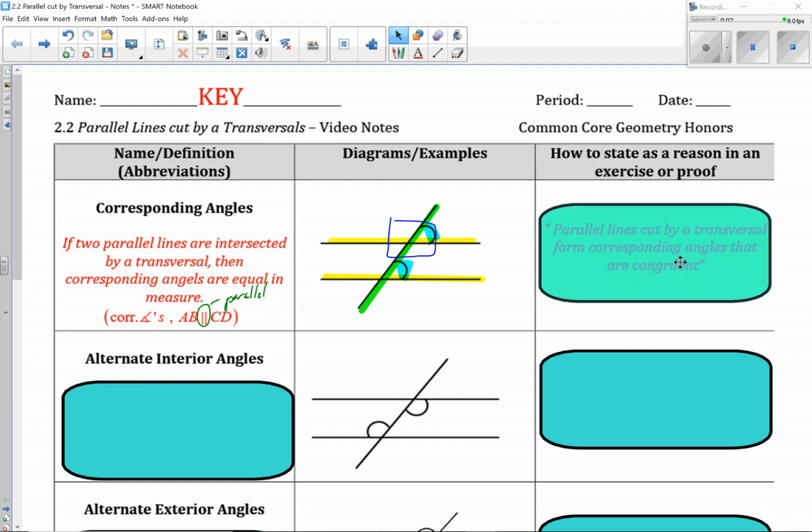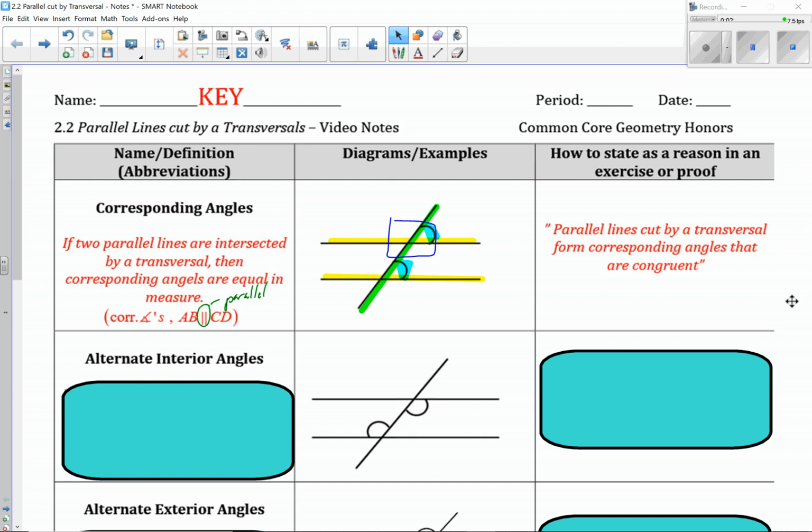The way we would describe this in a proof would be: parallel lines cut by a transversal form corresponding angles that are congruent. So here you go, corresponding angles that are congruent. This sentence, you're going to see throughout the next couple examples. The only thing that's changing is the specific angle type, but the rest of the sentence is going to basically stay the same.